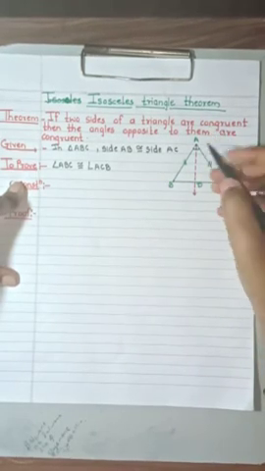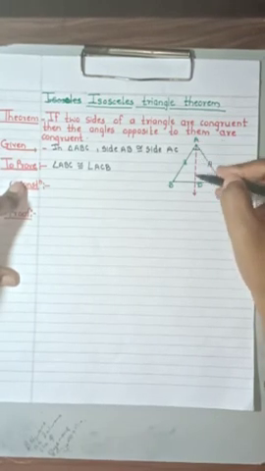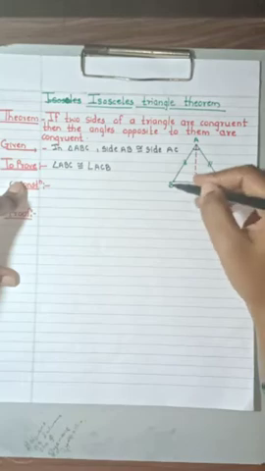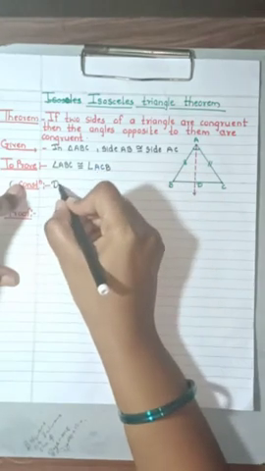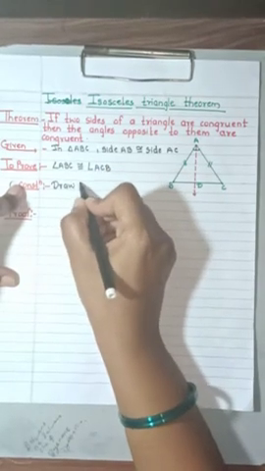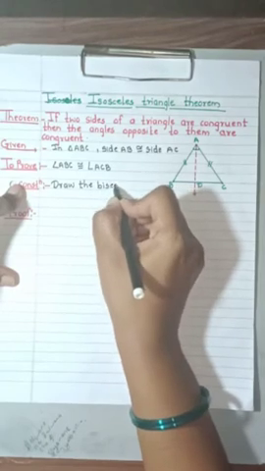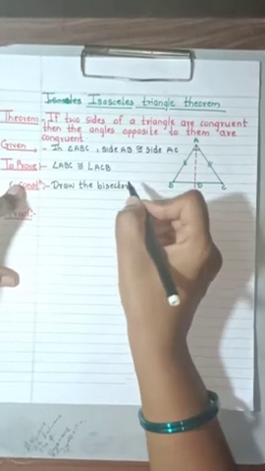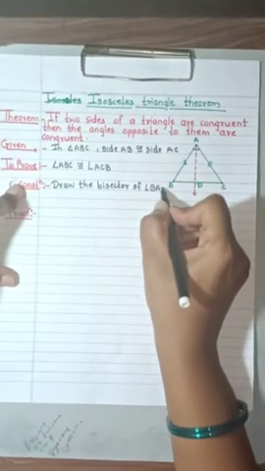We are going to draw an angle bisector of angle BAC, and this angle bisector is going to intersect the segment BC at point D. So we'll write down here, draw the bisector of angle BAC.